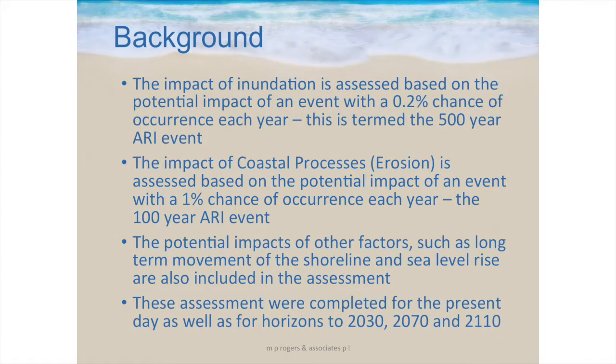So the two assessments that we've completed to date for Point Moore and also for Town Beach up to Drummond Cove, we've considered a variety of timeframes just to help inform that future risk assessment process and the adaptation timeframes that are required to basically ameliorate the risks associated with these. So we've considered present day, we've considered also the year 2030, 2070 and then 2110.